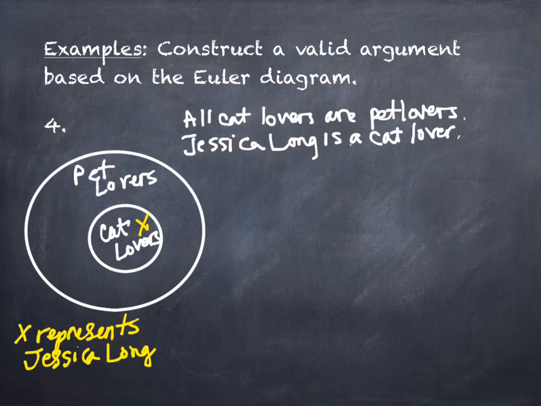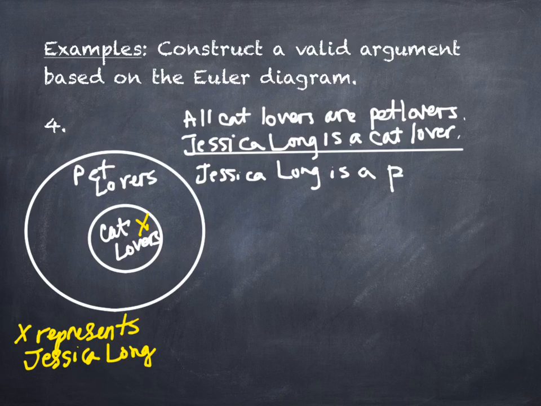Because the X is inside the circle, it just says something about cats, only in one place, and we know where it is. Next you draw yourself a little line here. Therefore what? Jessica Long is a pet lover, because she's in the inner circle, so by default she automatically is in the outer circle, and the outer circle is about being a pet lover. So we can therefore make the claim that Jessica Long is a pet lover as well.